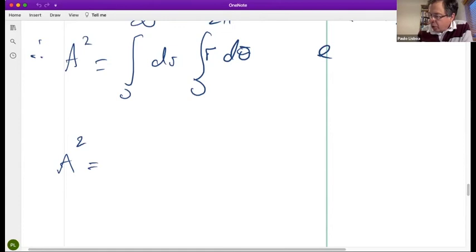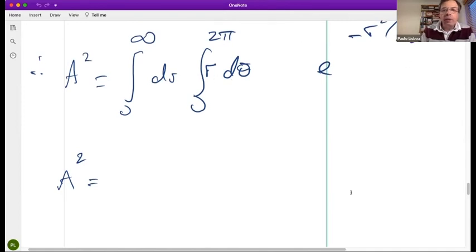The first thing is I can do the theta integral because there's no dependence on theta anywhere. None of this depends on theta. It only depends on r. So the theta integral just gives us 2 pi.